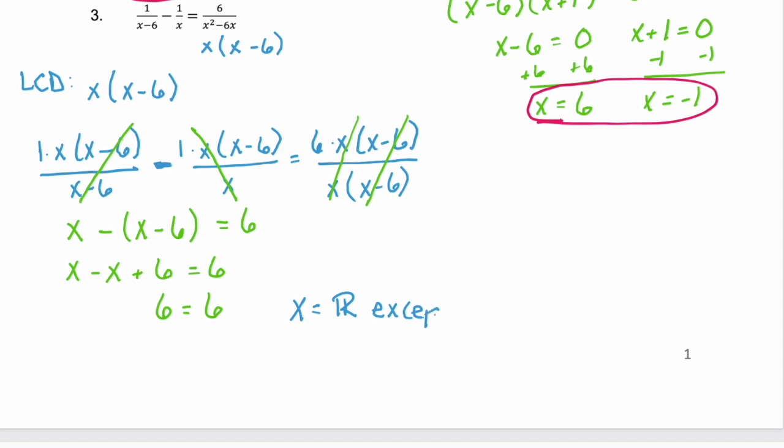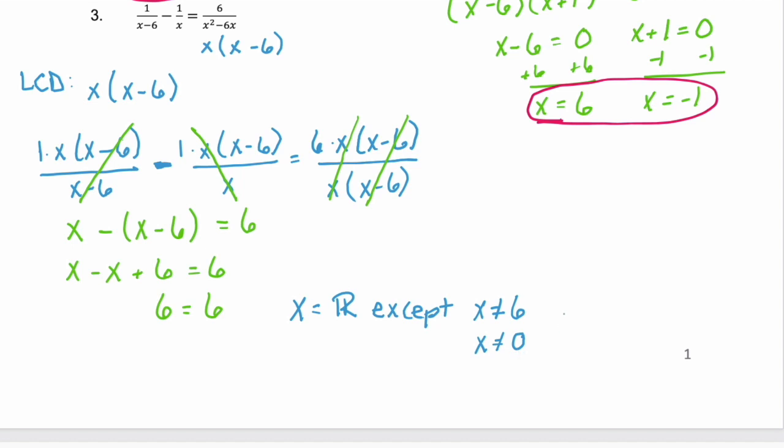except, what can x not be? Well, for the first denominator, x minus 6, we know that x cannot equal 6, right? And for the second one, x cannot equal 0. Both of those would give us denominators of 0.